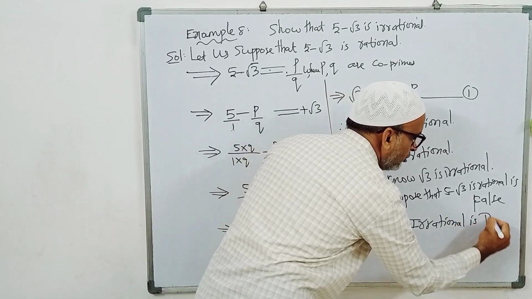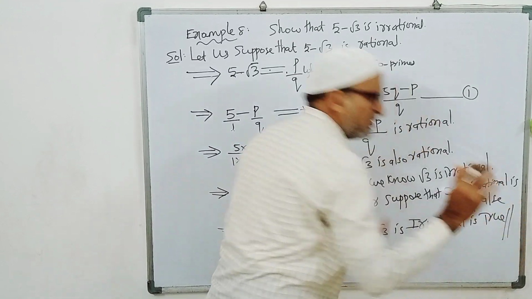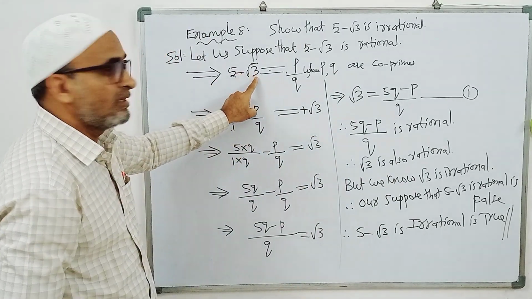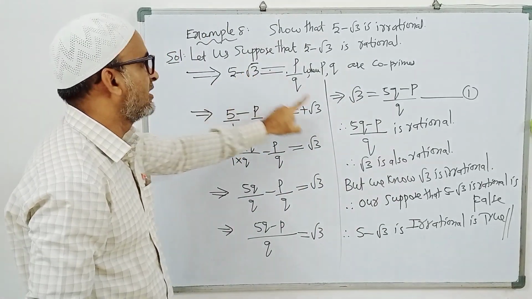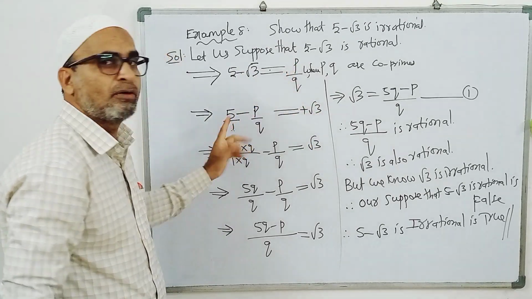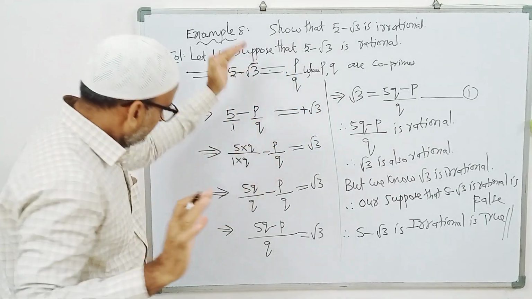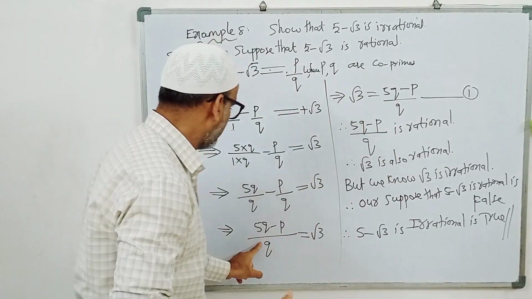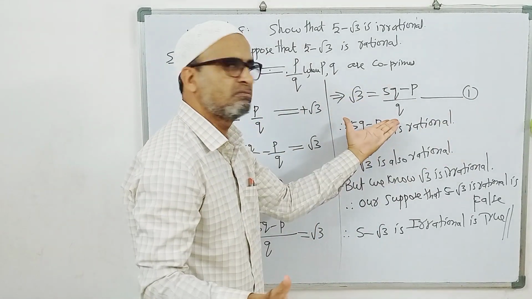Irrational is true. Simple that. Okay. Here one thing is minus number irrational is there, that I am sending to this side. This rational I am bringing to rational side. After simplification, this from right hand side I am writing left hand side. This from left hand side I am writing right hand side. That's same steps.